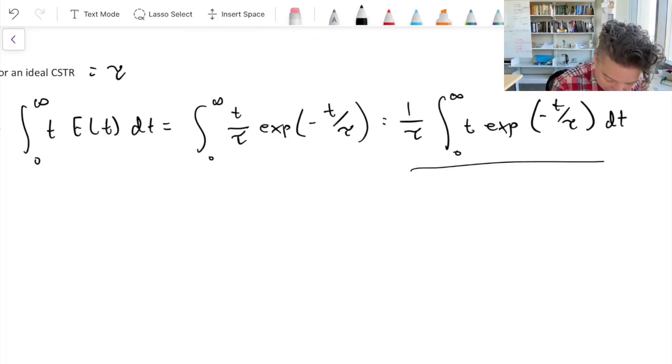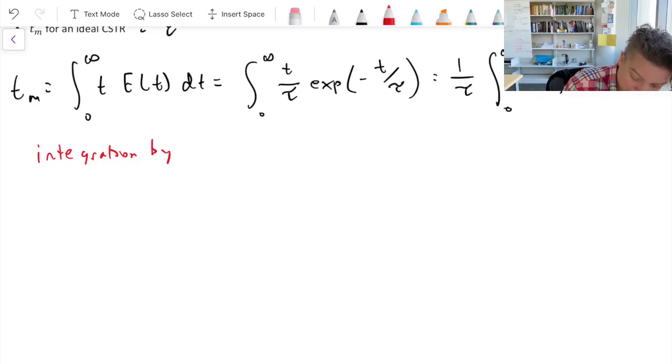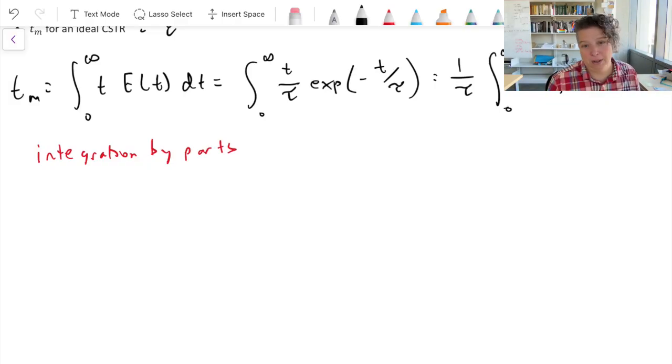It's a little bit more complicated than before. I'm going to solve it by integration by parts, which is a thing that I was really good at about 25 years ago, maybe 26 years ago, that I actually had to look up and remember how to do.